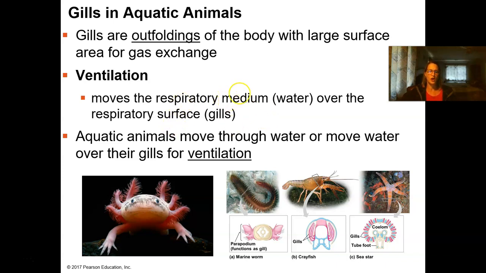Fish often swim with their mouth open, which moves water through their mouth and out through their gills, and that's how they ventilate their gills. Or they might have little structures that they use to wave water across their gills. These aquatic invertebrates usually have some sort of structure that moves the water around so that water can constantly be moving over their gills.